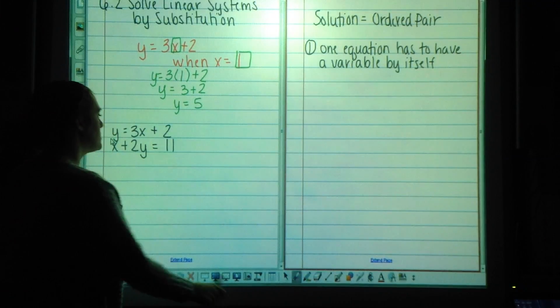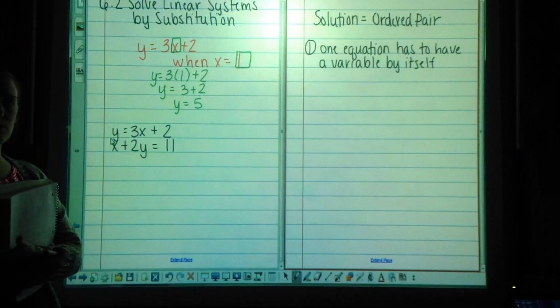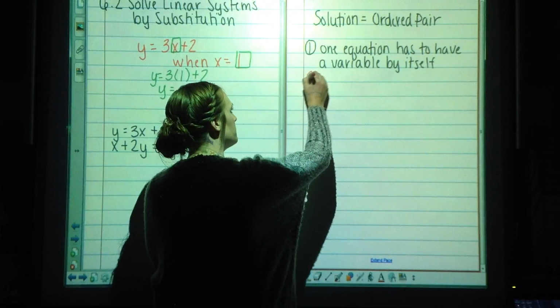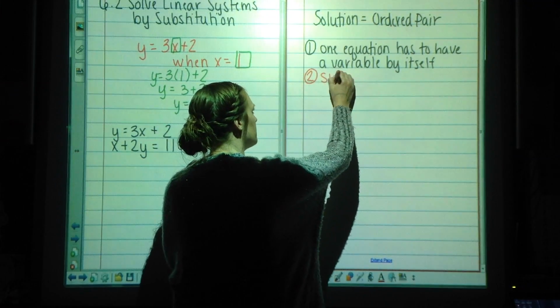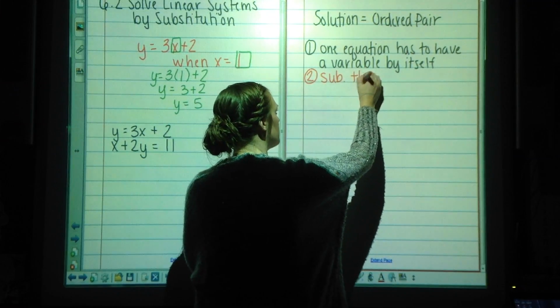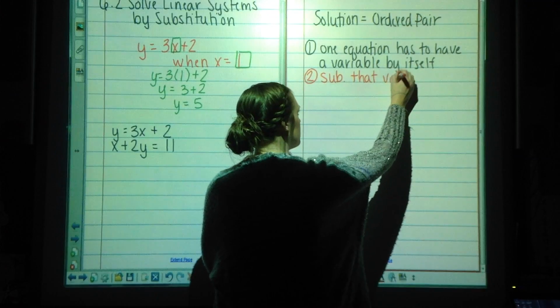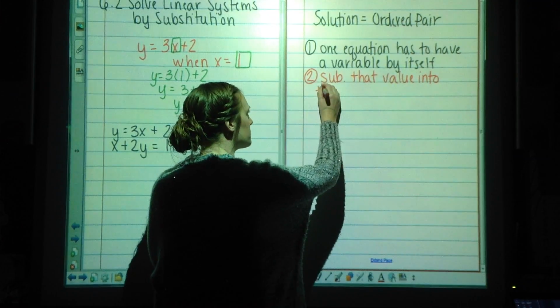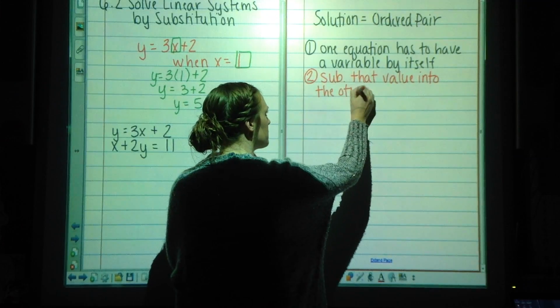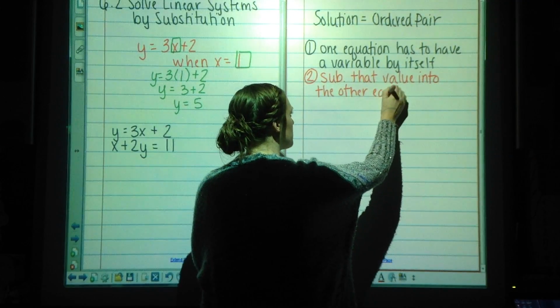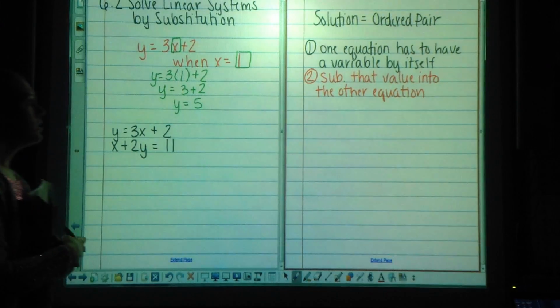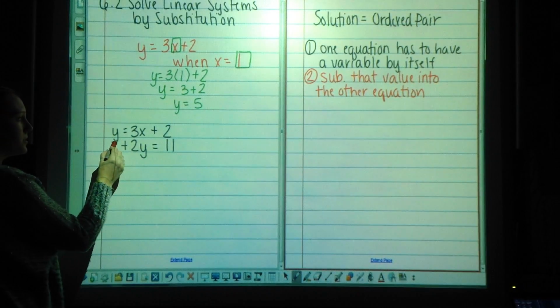Step 2 is to substitute that value into the other equation. Okay, so this variable is by itself.